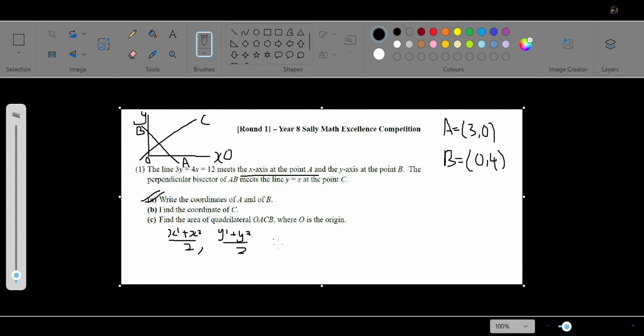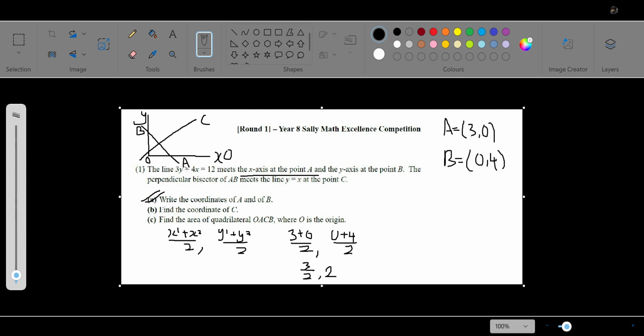So for (3, 0) and (0, 4): 3 plus 0 divided by 2 is 3 over 2, and 0 plus 4 is 4, divided by 2 is just 2. So this is the midpoint of A and B.